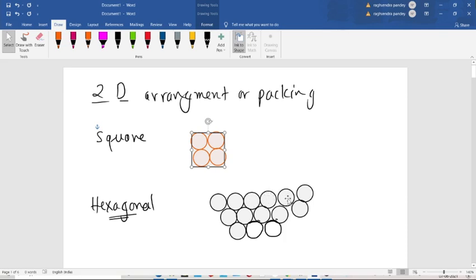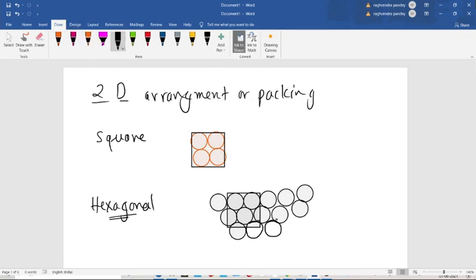Now suppose I put this square here. Okay, this square and this square, they are the same.